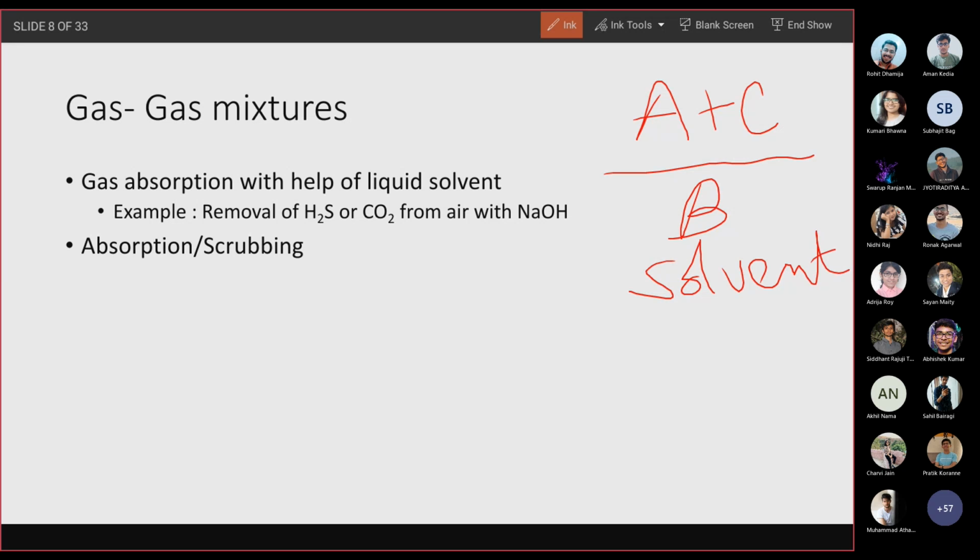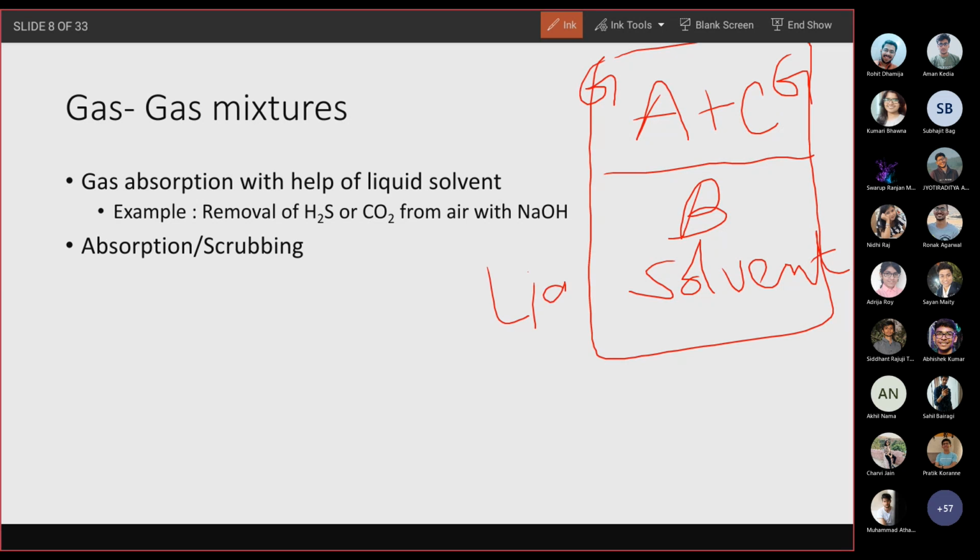A is gas and C is gas, and both are present as a mixture. We wanted to separate them into individual components. So these gas mixtures are being separated with the help of a liquid solvent.